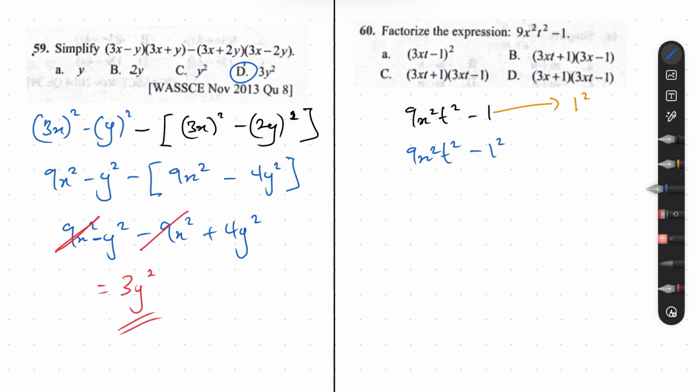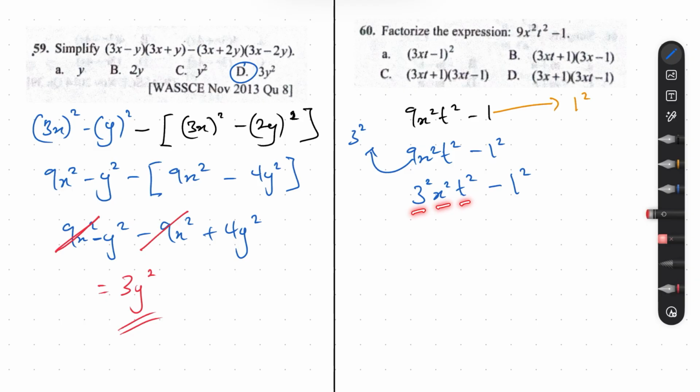And 9 over here, we can also write as 3 squared. So we can rewrite this as 3 squared x squared t squared minus 1 squared. Now everything is squared over here.